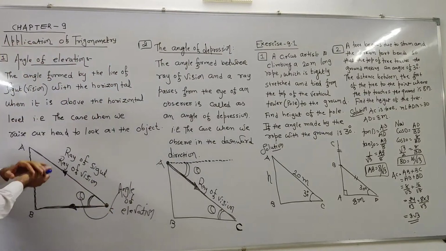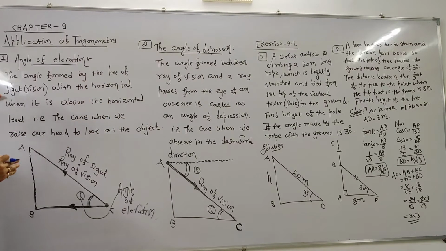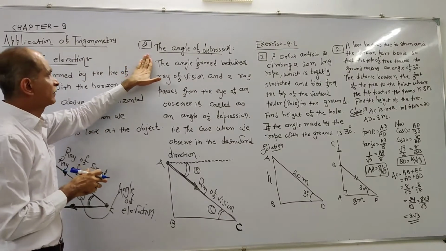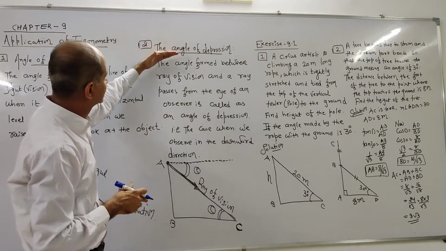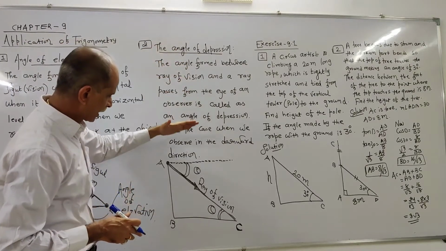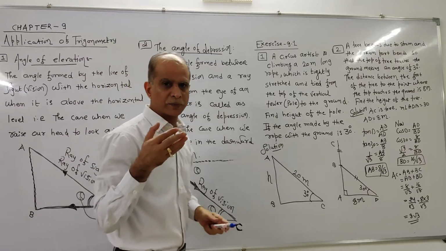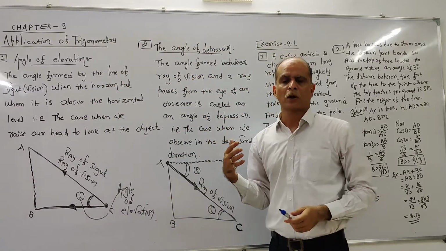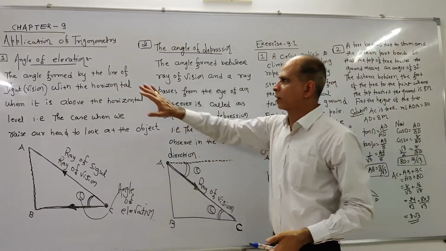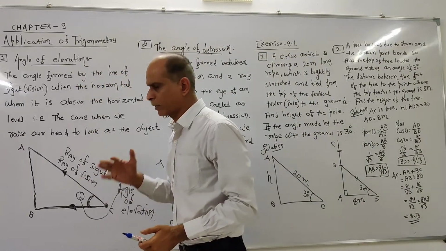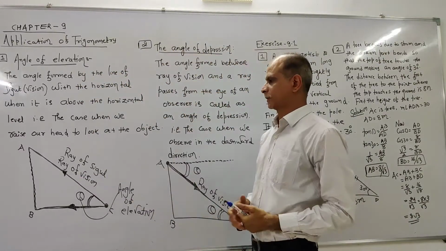So when you observe in the upward direction, you use the concept of angle of elevation. When a person observes in the downward direction, one has to use the concept of angle of depression.